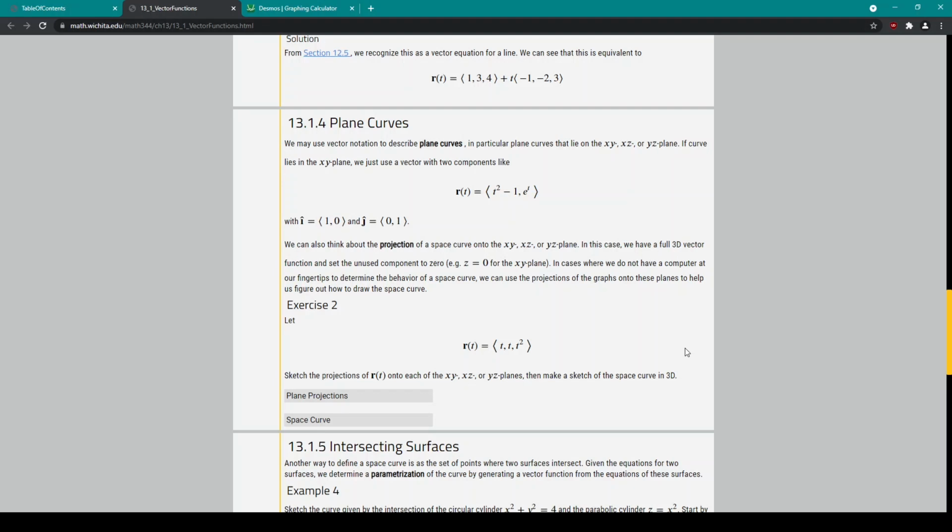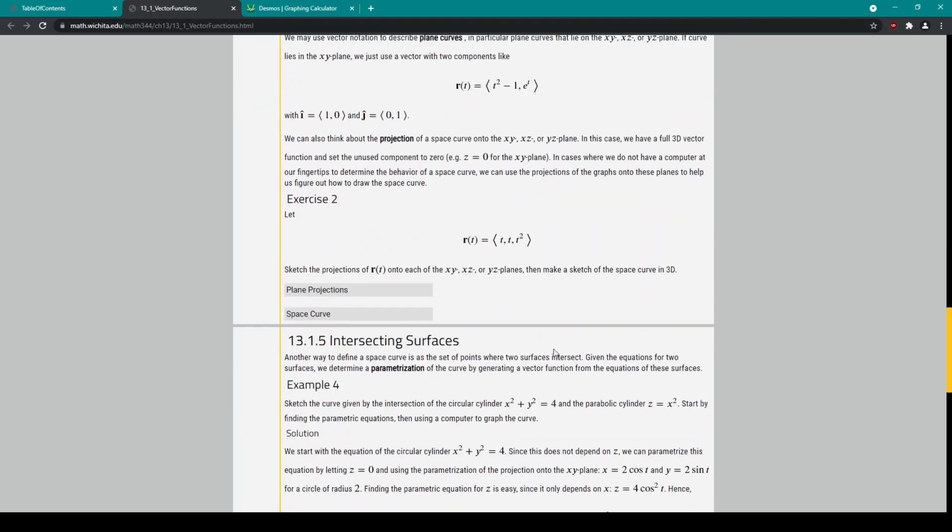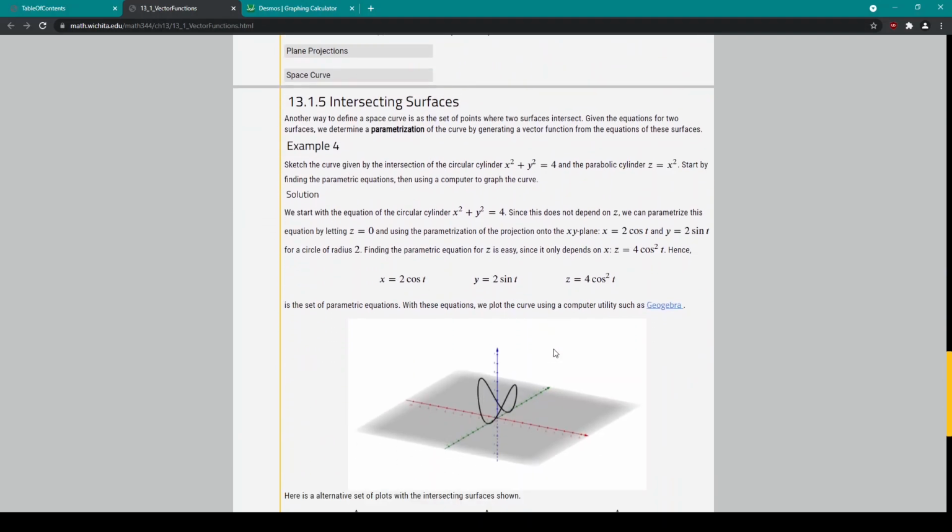So if I have r, where I have t and t squared, I can figure out what the projection of the curve looks like on the xy plane by setting z equal to 0, on the xz plane by setting y equal to 0, and on the yz plane by setting x equal to 0. Then we can use those projections to get an idea of what the overall curve looks like by synthesizing those sketches. There's an example on the page that you can check out later on.